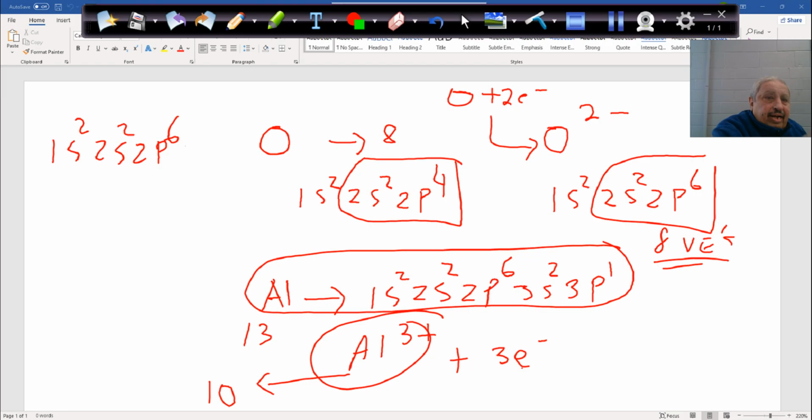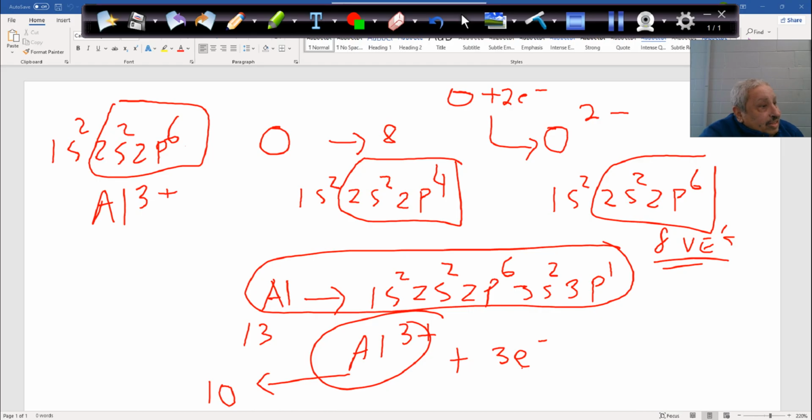That's Al3 plus, correct? 10 electrons because you have lost 3 of those. So what's the valence electron count of Al3 plus? It is 8. So that's the octet rule.